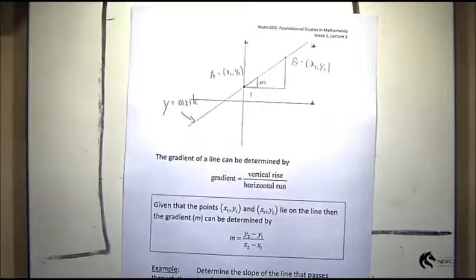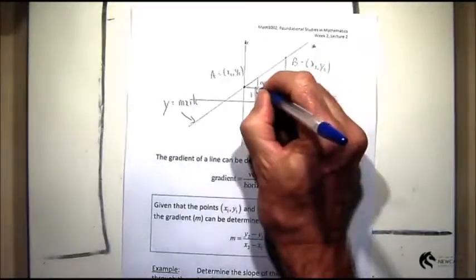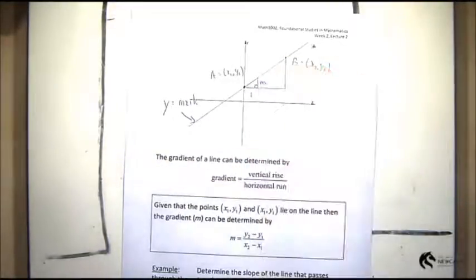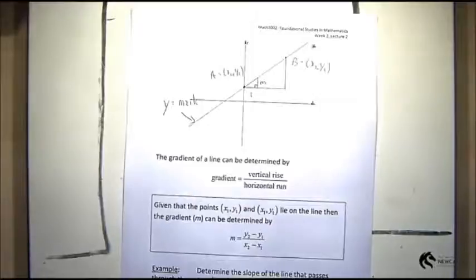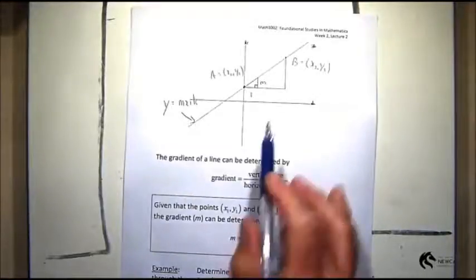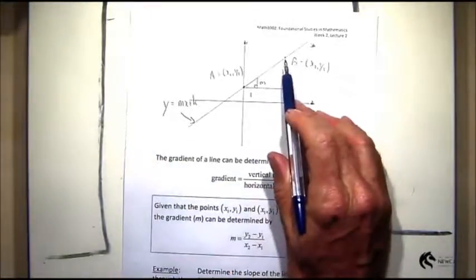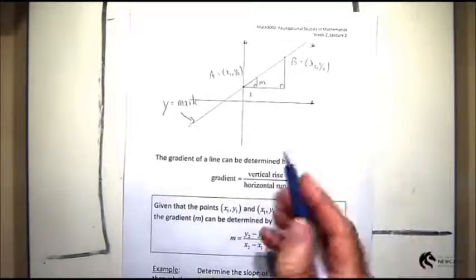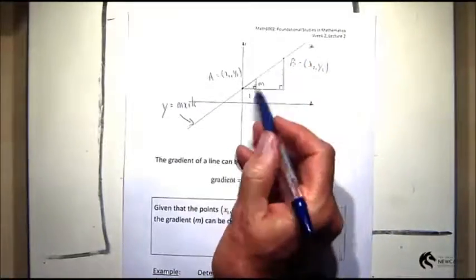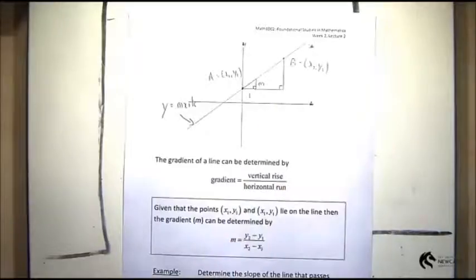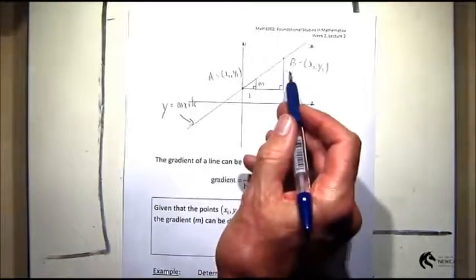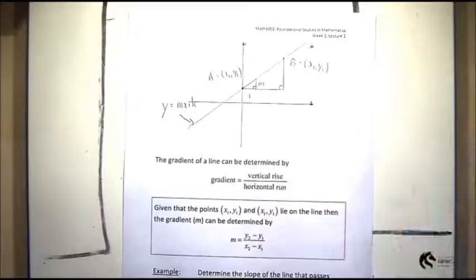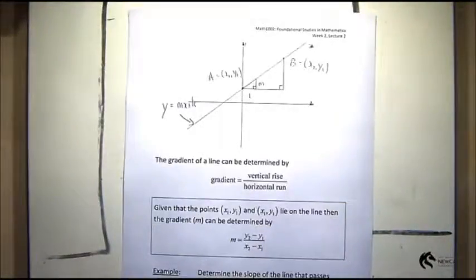Now, if you look at this picture here, you can see I've got a little right angle triangle shaded there nicely. And I can actually draw another triangle using the point B here. And these triangles share the same angles. Different size, same angle, so we call them similar triangles. And the thing is, with similar triangles, the ratio of corresponding sides are equal.